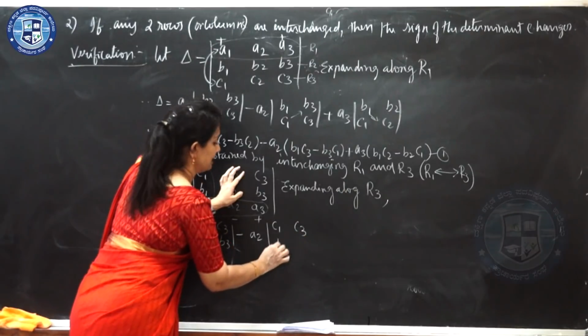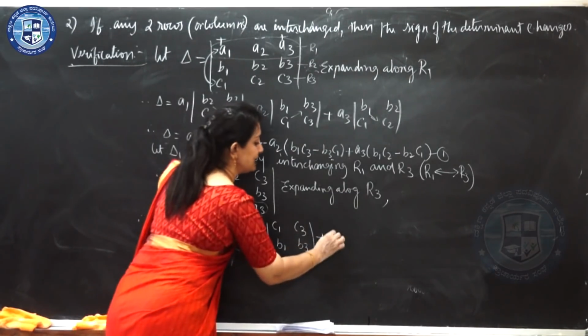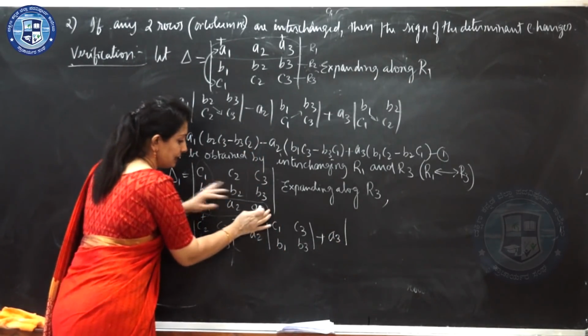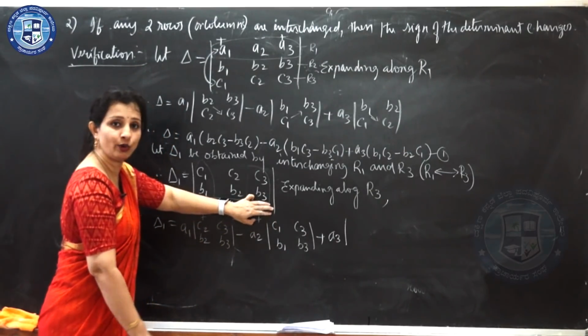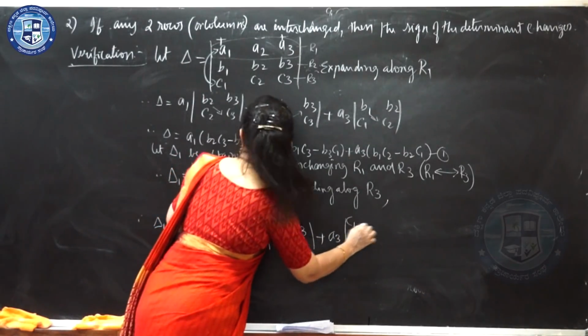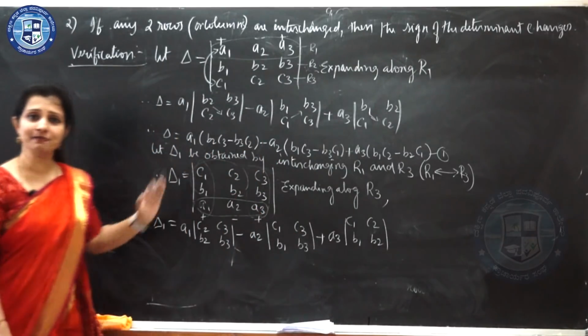C1, C3, B1, B3. Plus third element is A3 into, delete the third row and third column. A3 is in the third row and third column. Delete that. What is remaining? C1, C2, B1, B2.